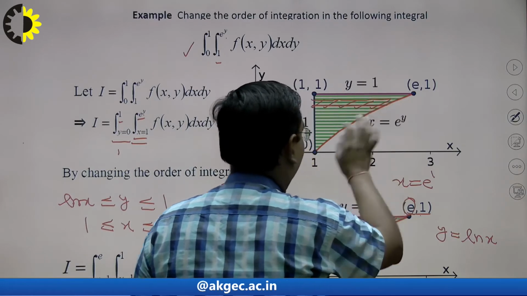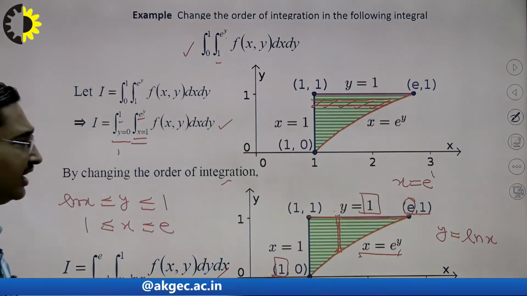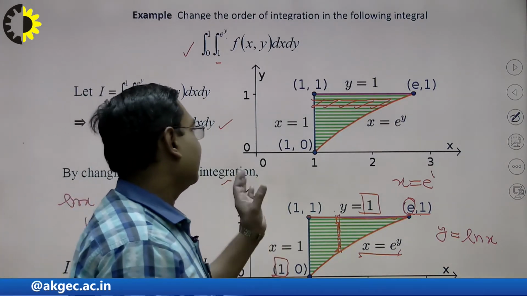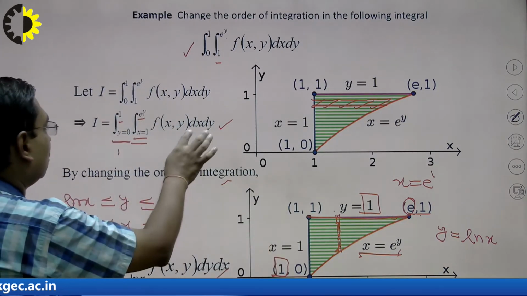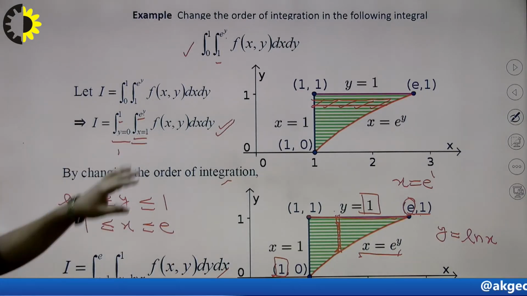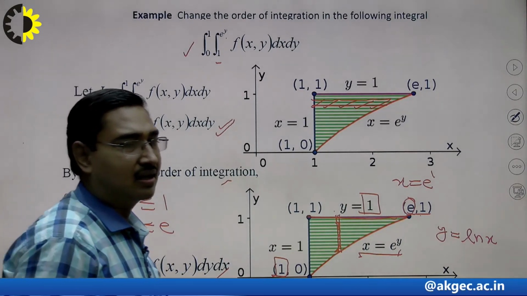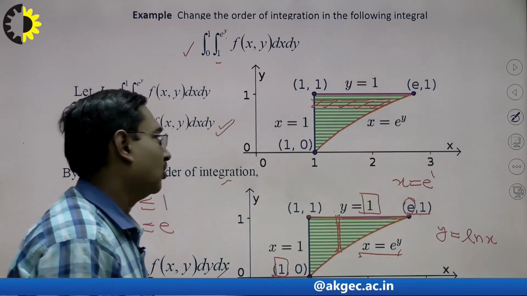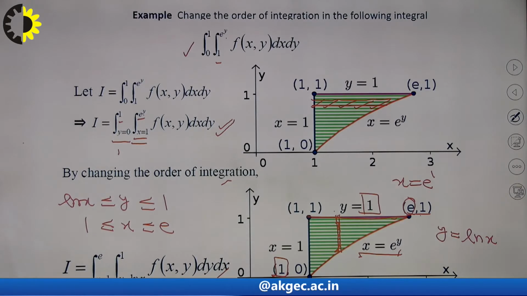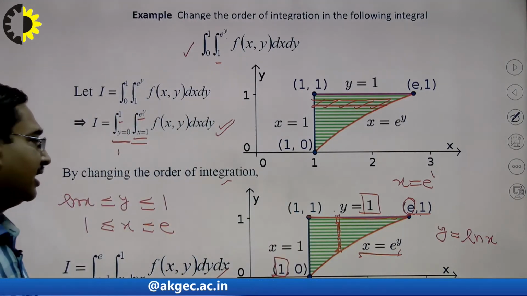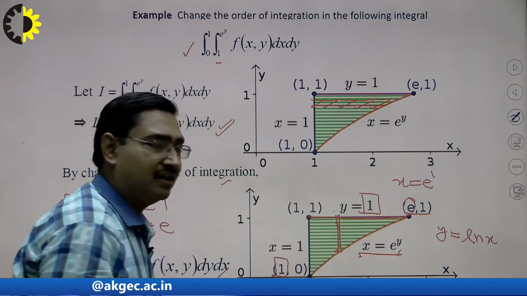The region between these two curves, which is occurring from y equal to 0 to y equal to 1, is our region of integration. When the region of integration was sketched, I decided what type of slicing is used to obtain these limits, because in these limits the limits of x are occurring inside. It means we have sliced the region into horizontal slices. To change the order of integration, we changed the type of slicing and I considered a vertical slice.